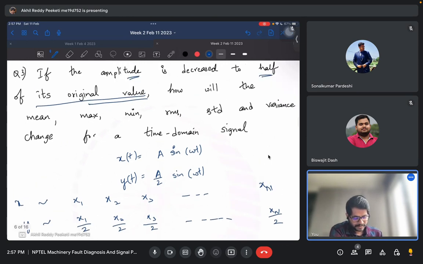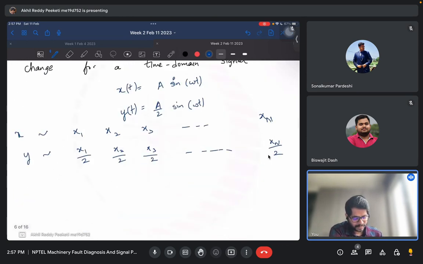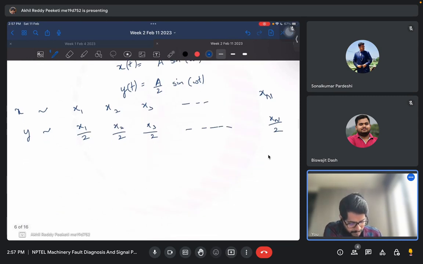Now if we change the mean, the mean is sigma xi by n, the sum of all the data by the total number of data points.